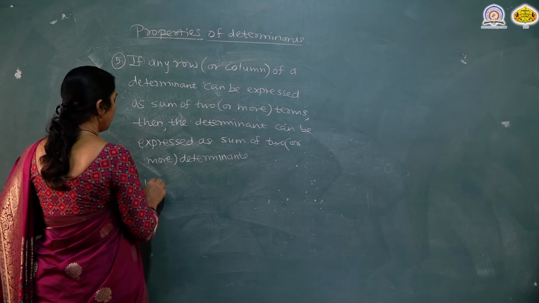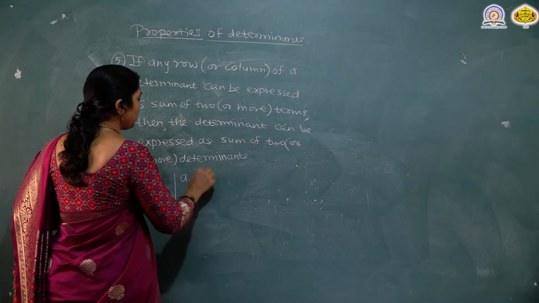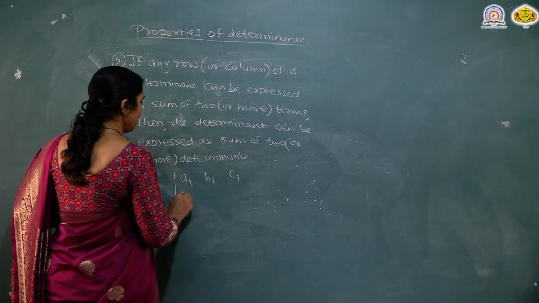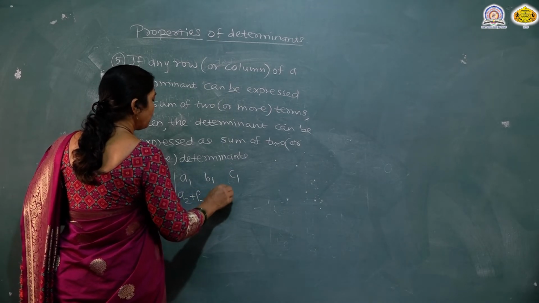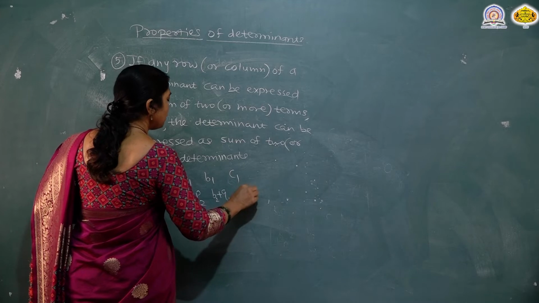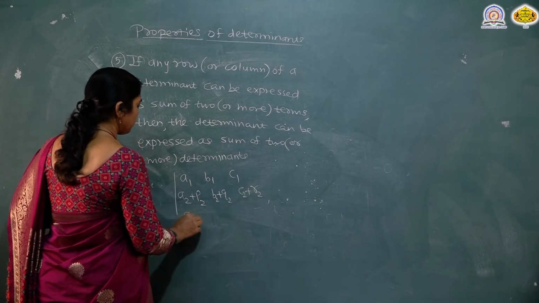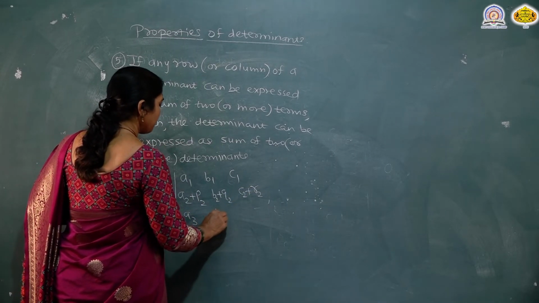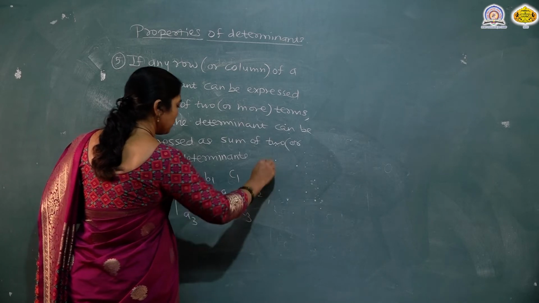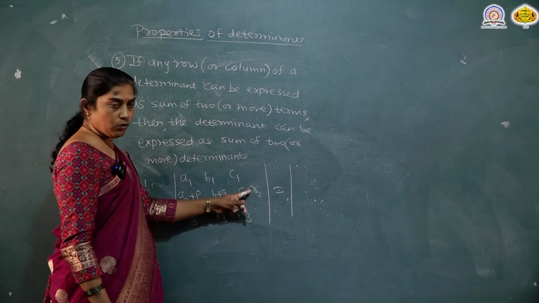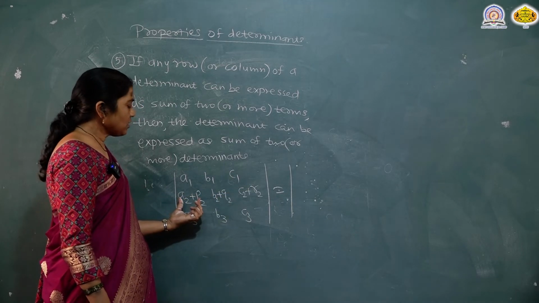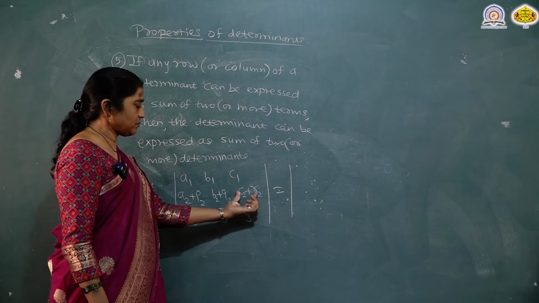That is, if I have determinant A1, B1, C1, A2 plus P2, B2 plus Q2, C2 plus R2, A3, B3, C3, then this second row is expressed as sum of two elements.